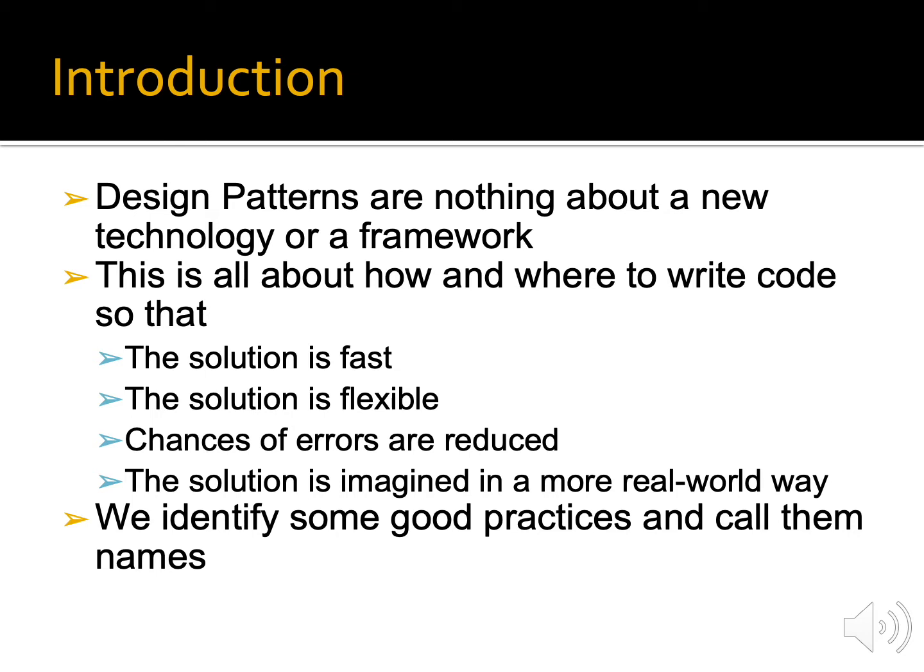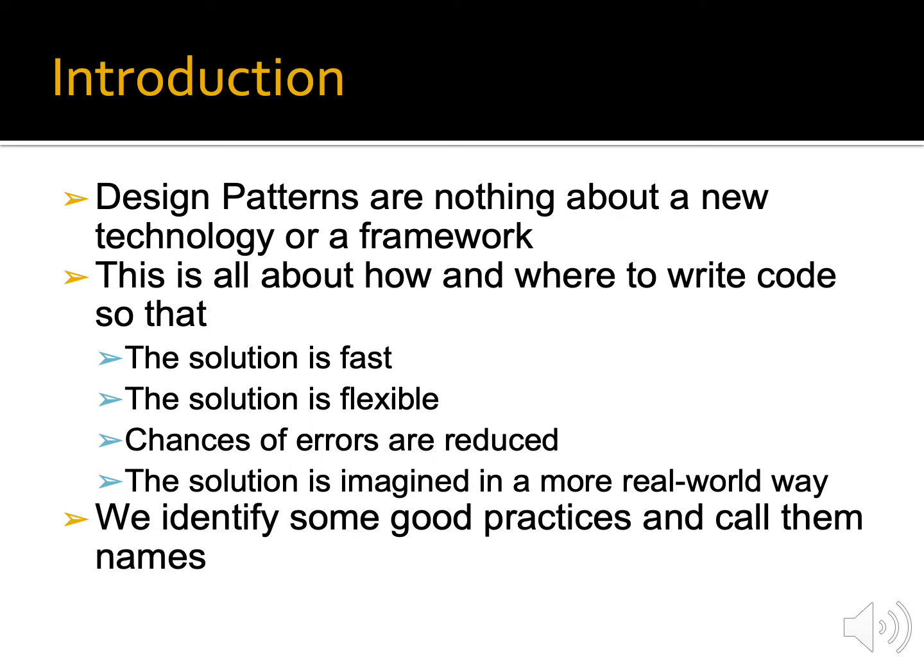What is meant by flexible here? Flexible code means that you can alter, change, or update the code whenever there is a requirement of a new feature, or whenever there is a requirement of some change in your application. Then your solution must be flexible enough that you can update or insert the new code easily.